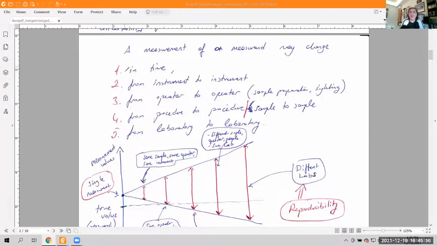So we can summarize the conditions which change the measurements as time, for instance. When you measure in short time intervals or in long time intervals, depending on how you define the length of a time interval, you are going to see deviations in your measurements.